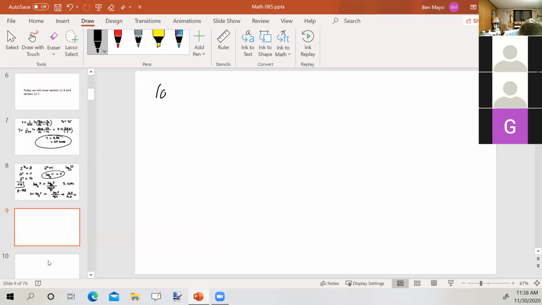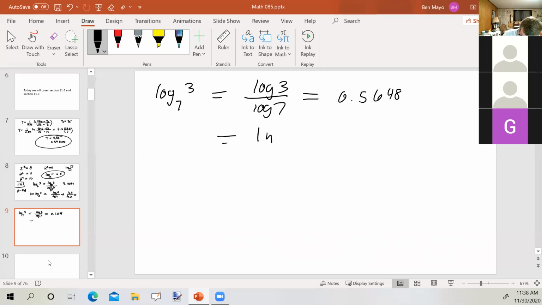If we want the log base 7 of 3, using the change of base formula with base 10, that would be the log of 3 divided by the log of 7, and you should get 0.56457, so 48. Or you could use natural log of 3 over natural log of 7, and you should get the exact same thing.